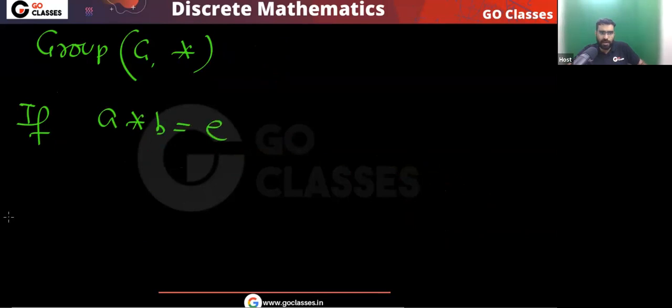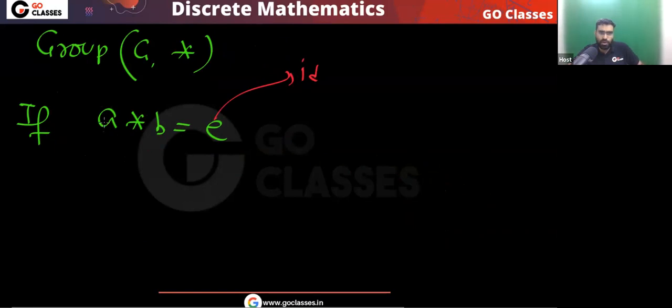You have a group. What is the proof? If A star B is equal to the identity element, then you can multiply with A inverse on the LHS.